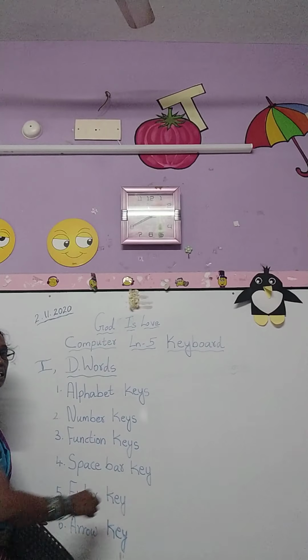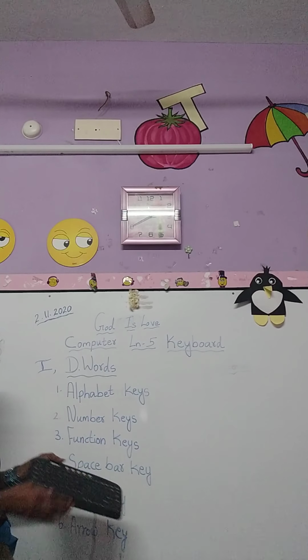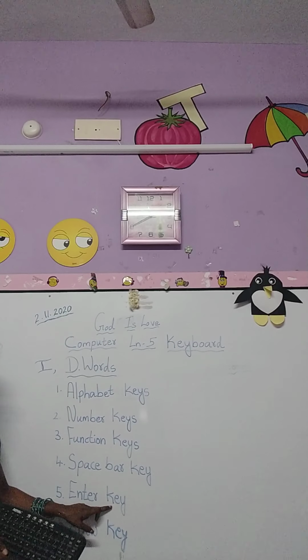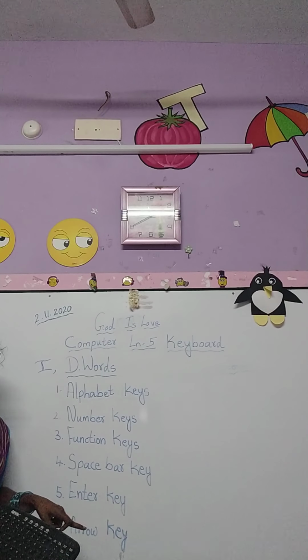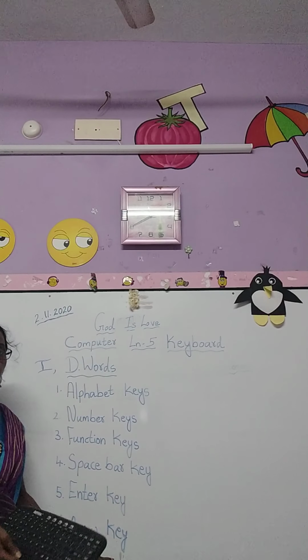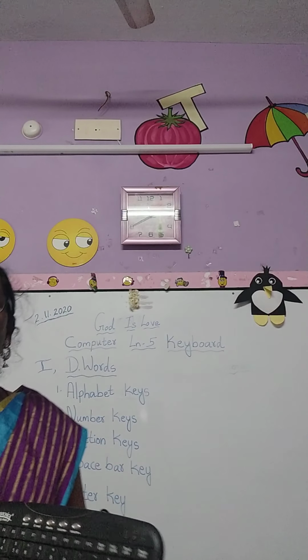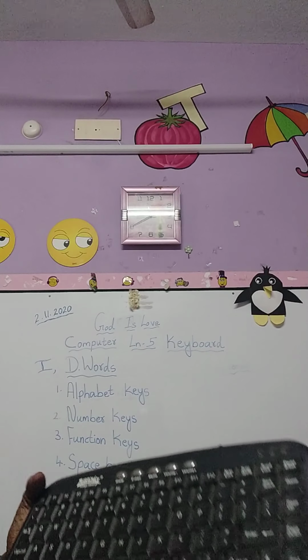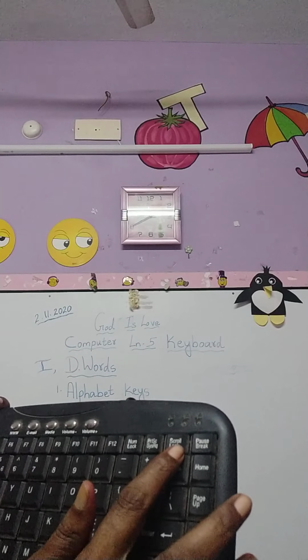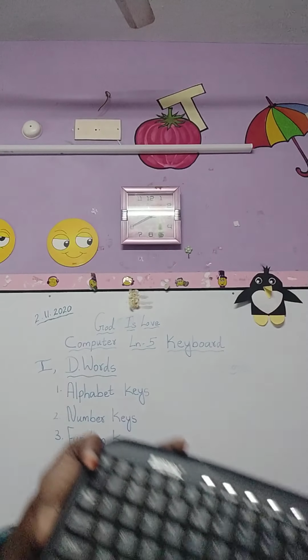And space bar key, the longest key, used to give space between two words. Enter key is used to move on to the next line. And arrow key. Arrow key is also used to go to the next line. Okay dear? See here, backspace key, scroll lock, many more keys are there.